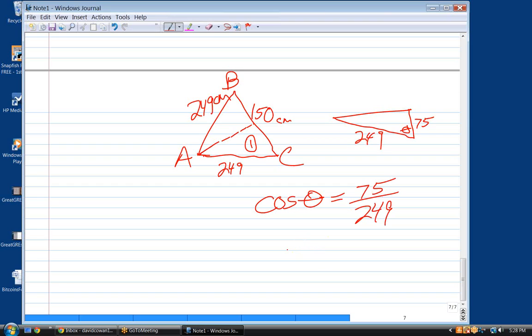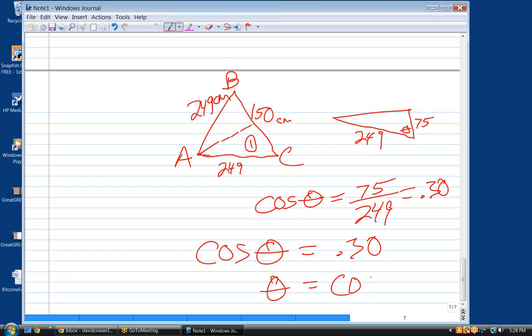Which means by definition, okay, let me get that number, hold on. 75 divided by 249, that's 0.30. So if cosine of theta equals 0.30, and we want to solve for theta, by definition, theta equals what? The inverse cosine of 0.30.